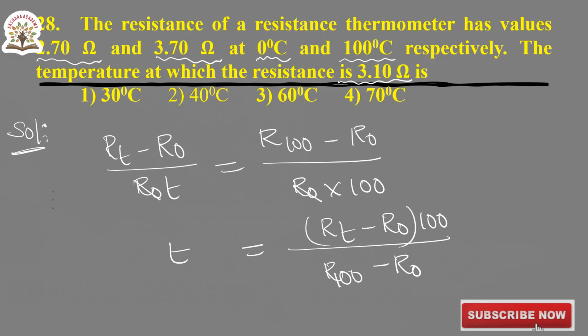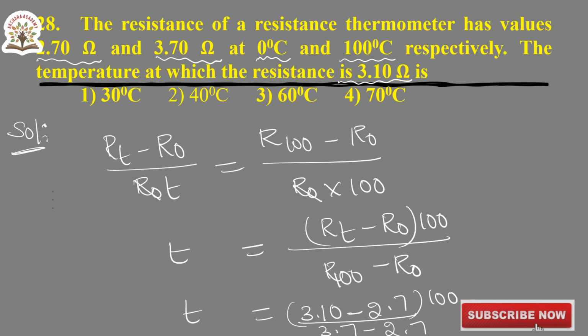Now substituting the values, T is equals to (3.10 minus 2.7) by (3.7 minus 2.7) into 100.